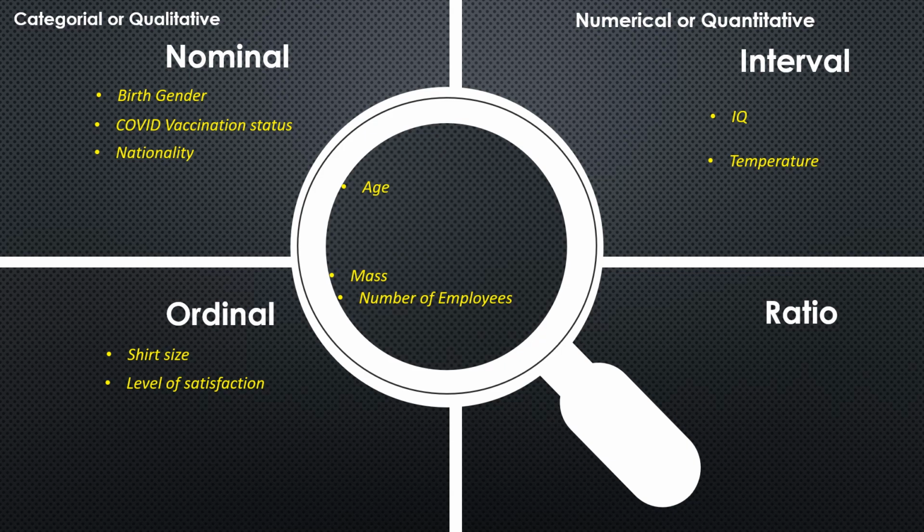Other examples of interval data variables include pH, IQ, and credit scores. Interval data variables allow for a wide range of statistical calculations, including the mean, standard deviation, and various parametric tests. You can perform arithmetic operations like addition and subtraction.